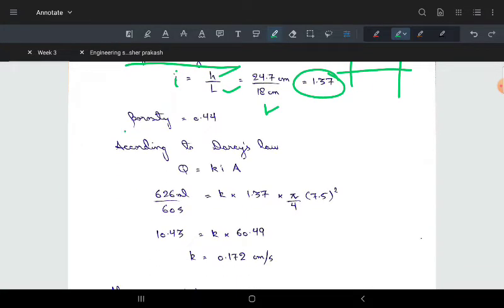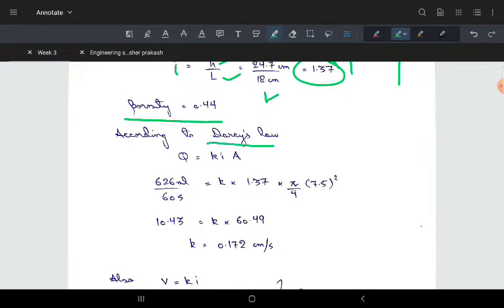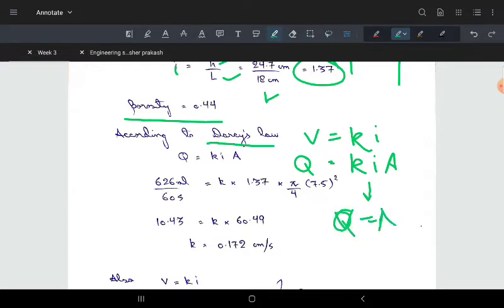Porosity is given as 44%, that means 0.44. According to Darcy's law, V is equal to Ki, or in terms of discharge, Q is equal to KiA. Why is that? Because Q is equal to V into A. So Q is equal to KiA.